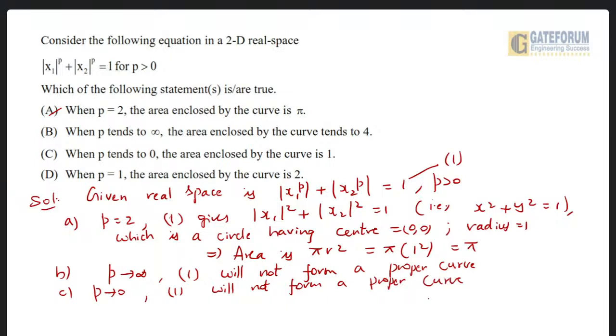Now, when I put p is equal to 1 in option D, equation 1 gives mod x1 plus mod x2 is equal to 1. This is actually mod, plus or minus x1 plus or minus x2.